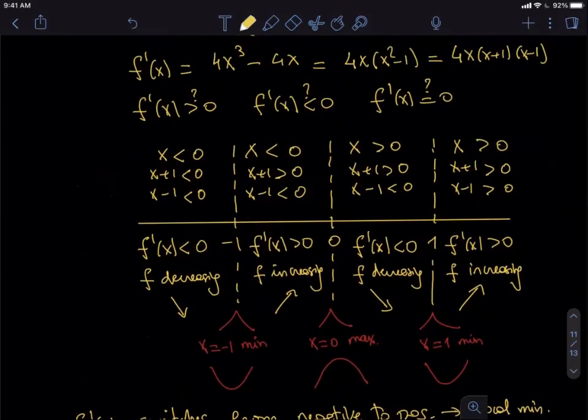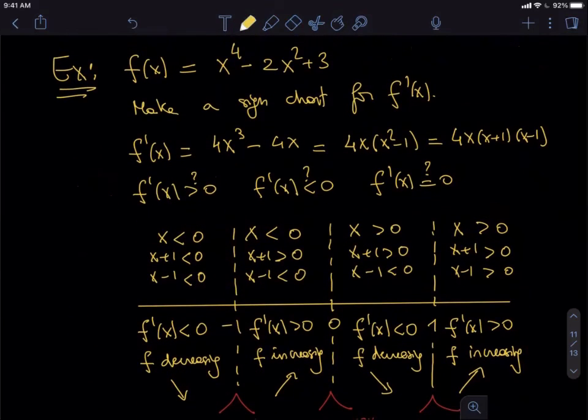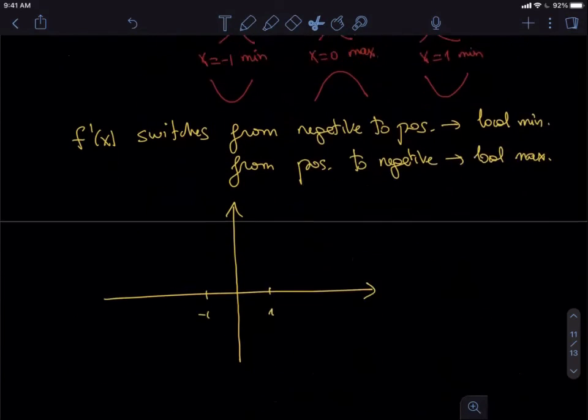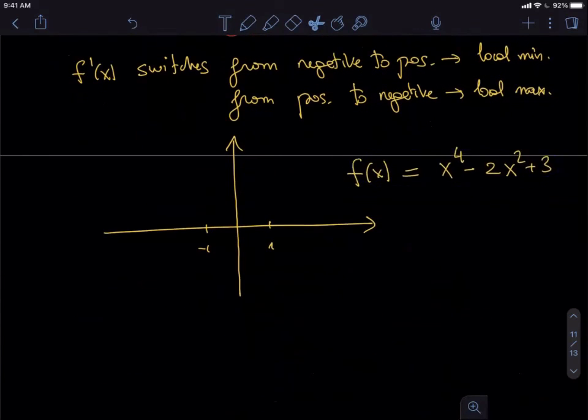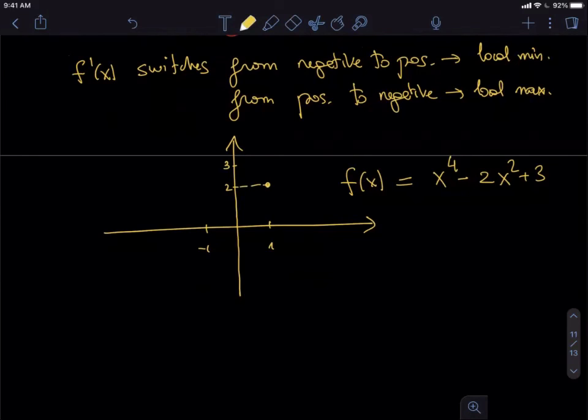Let's look at the function f. At 0, I have a value of 3. At 1, I have 4 minus 2 makes 2. And at -1, I have 1 minus 2 plus 3, that makes 2.